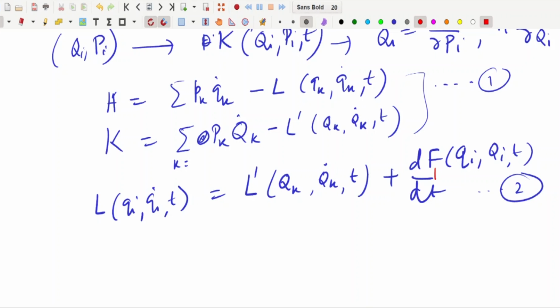Now start with this equation and we try to calculate del F by del t.